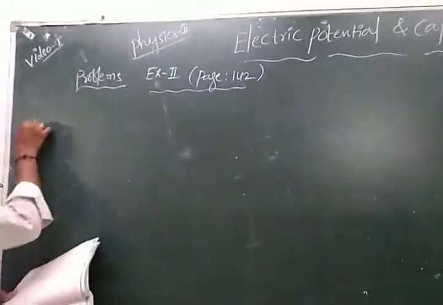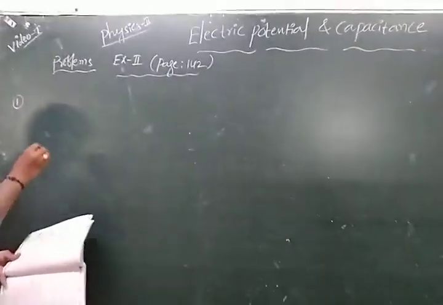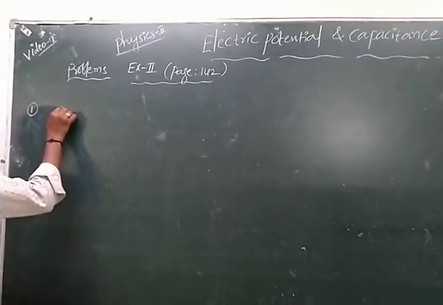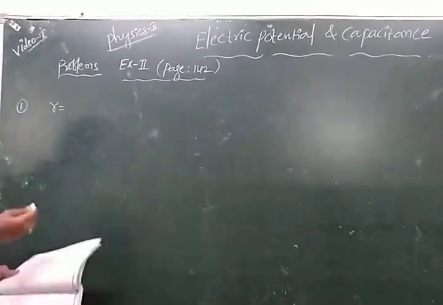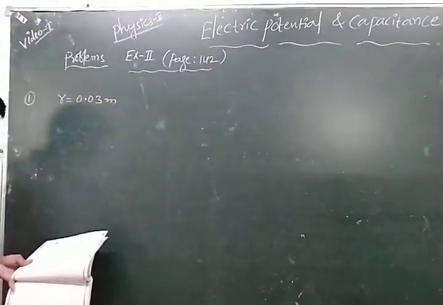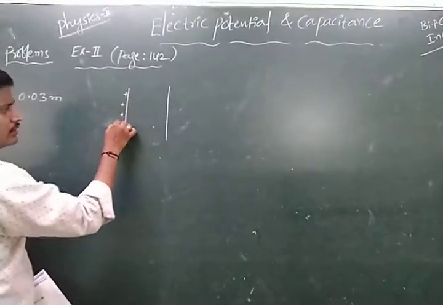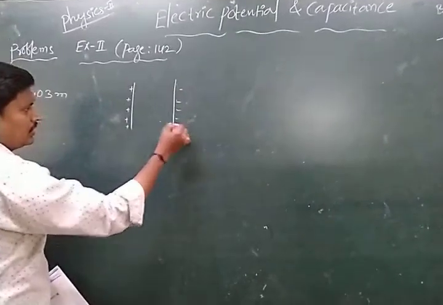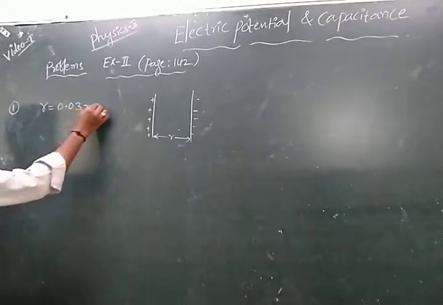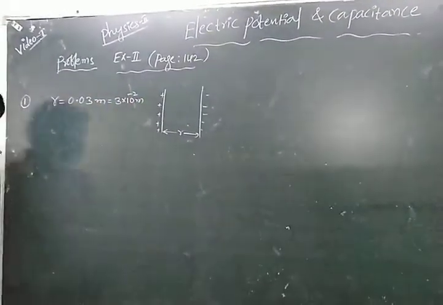Here, problem number 1. Two parallel plates are separated by a distance, that is r, equal to 0.03 meters. Converting into meters, that is 3 into 10 power of minus 2 meter.